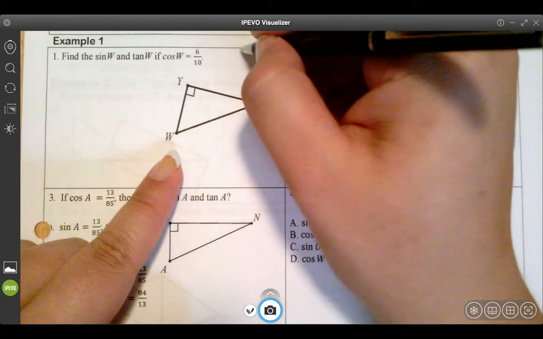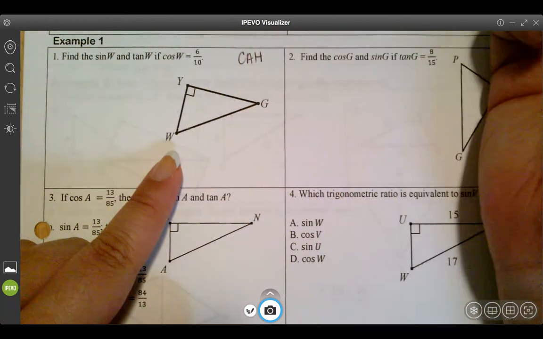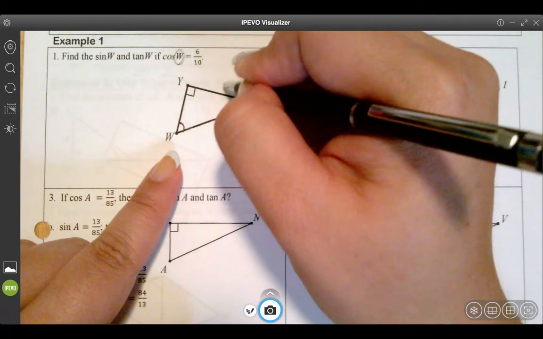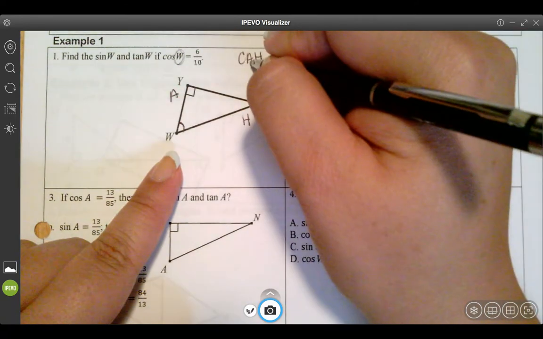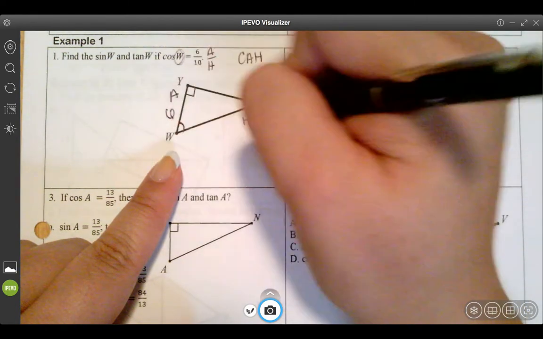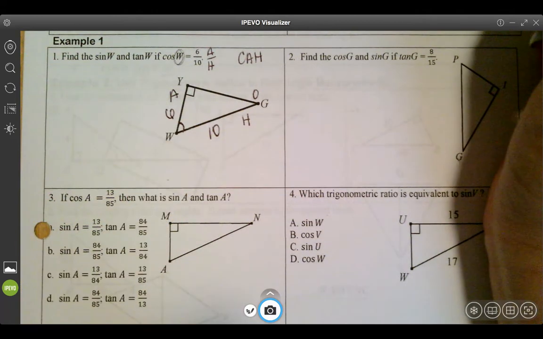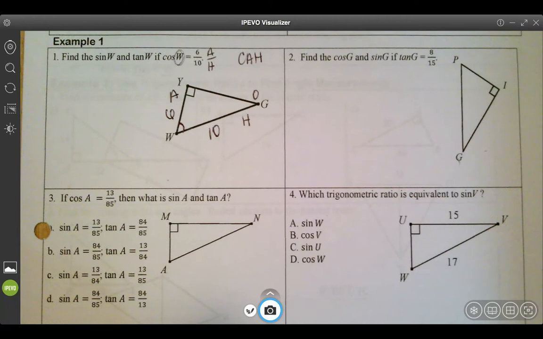So cosine, CAH, is going to be adjacent over hypotenuse. So we look at angle W. This will be hypotenuse, opposite, adjacent. Adjacent over hypotenuse. Adjacent must be 6, hypotenuse must be 10. I don't know the opposite side, but we can use Pythagorean theorem to find it.